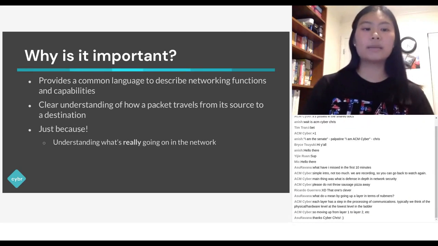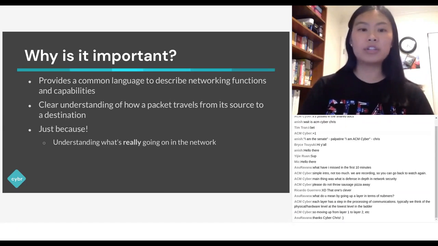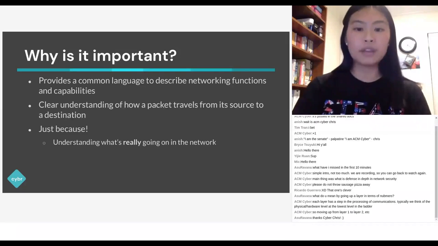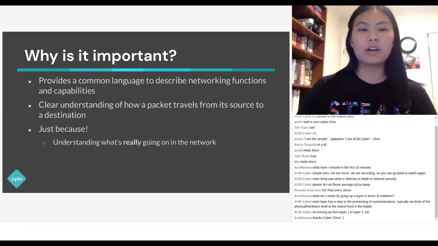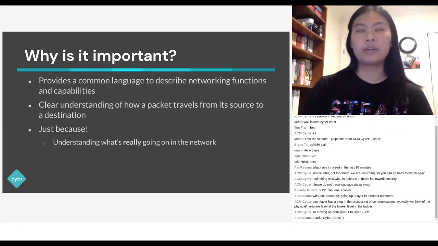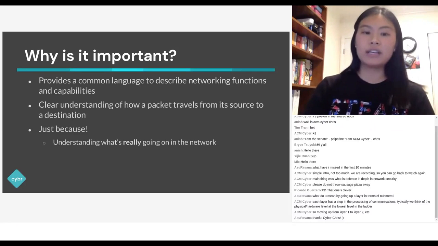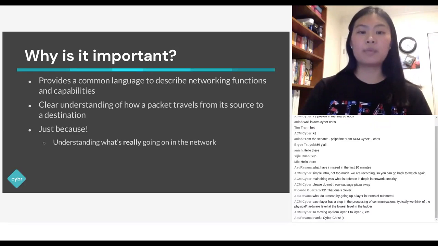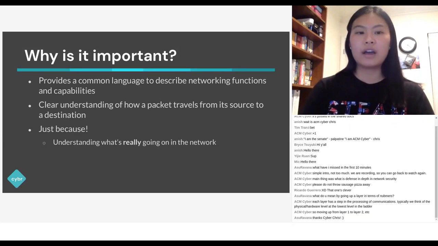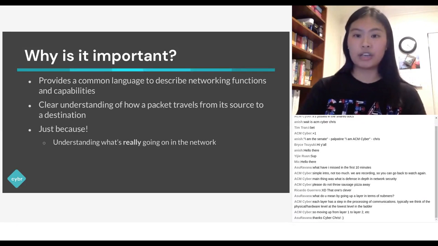So understanding models that are established in the networking industry is a foundational skill. Protocols are a necessary component for effective communication. They're the rules that are set in place to facilitate interoperability. And you should have a clear understanding of a packet or data and what happens as it passes through each layer.